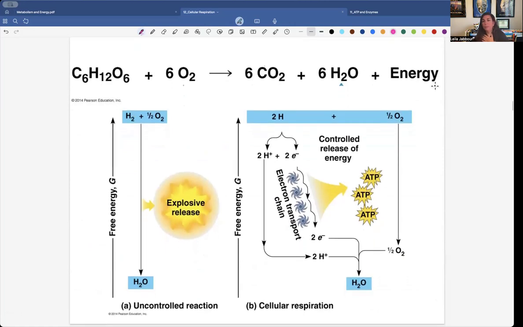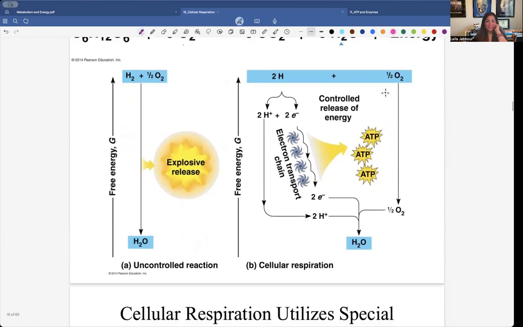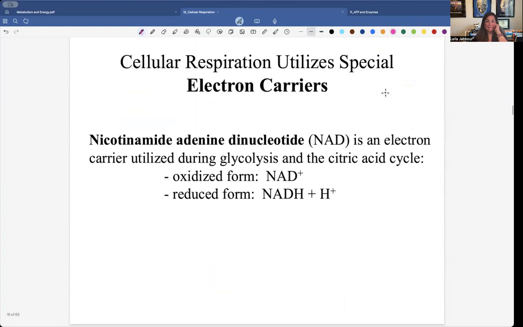All right, so here's the big picture again. All right.